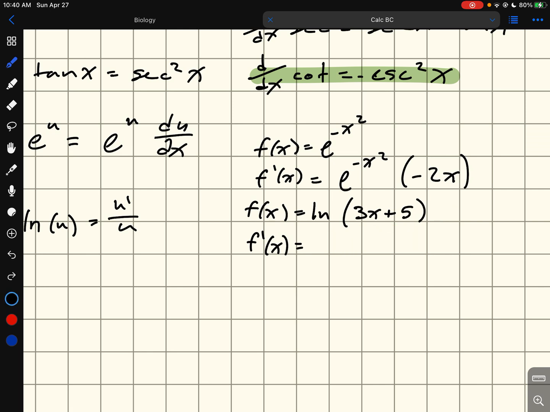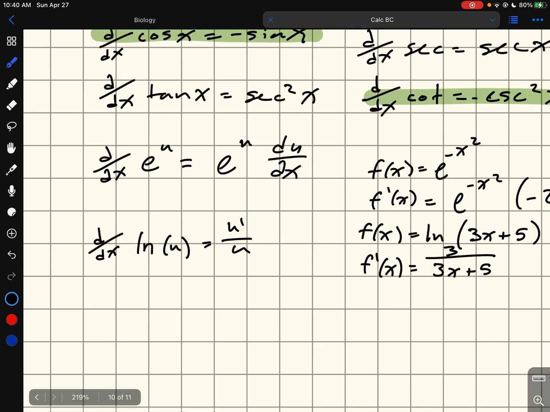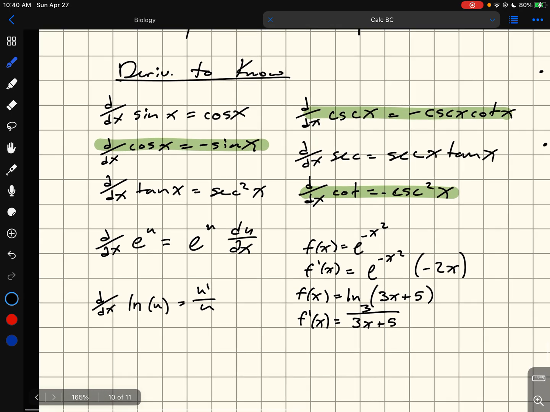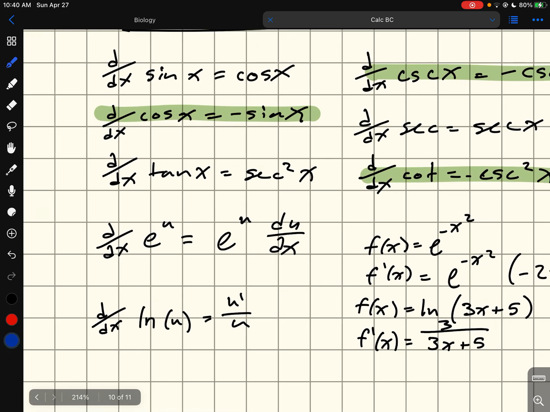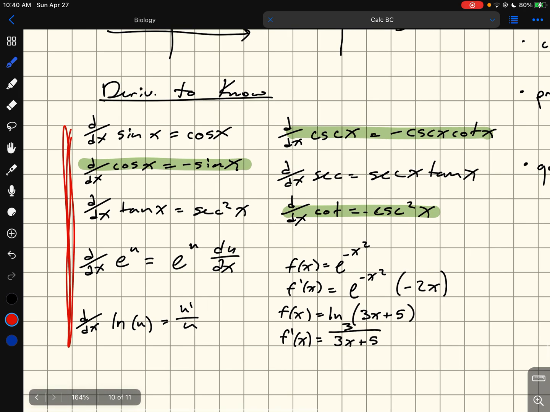So the derivative of this is 3, and then just over that argument. So that's the derivative of natural log. Okay? So the ones down here are the ones that you want to remember. These ones are important to know, but not as important as these.